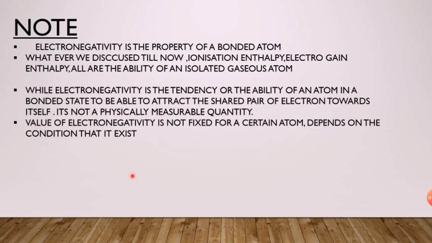Electronegativity is the tendency or ability of an atom in a bonded state to attract the shared pair of electrons towards itself. It's not a physically measurable quantity. While properties like ionization enthalpy or electron gain enthalpy are for isolated gaseous atoms, the concept of electronegativity is considered in a bonded state.